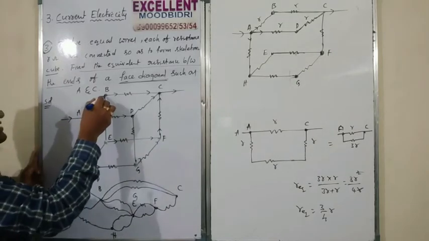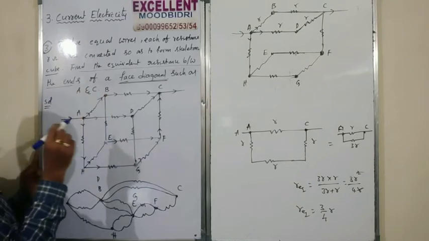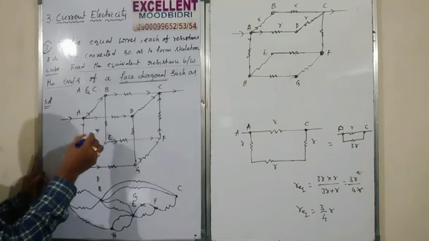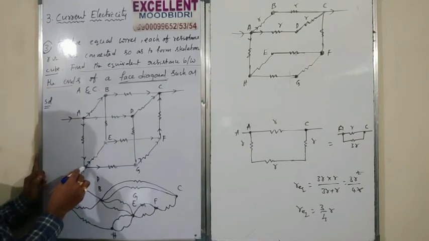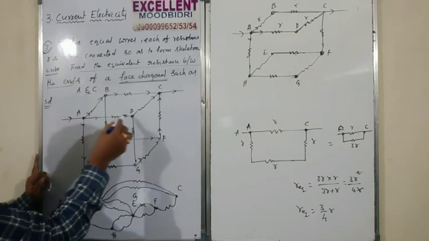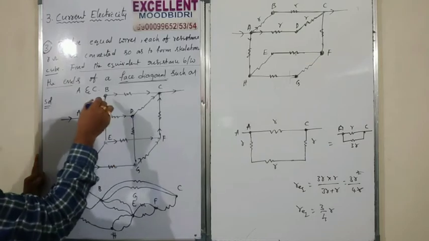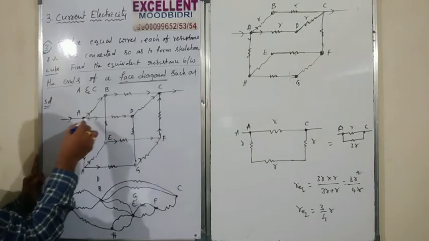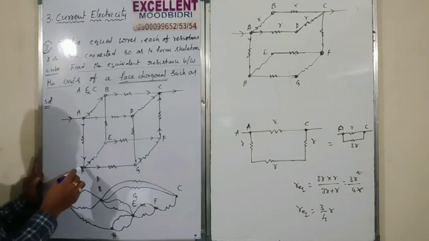So here the current cannot select this path. At the same time, you can observe the potential here: A to B, A to H, and H to E. At point D and at point B there is the same potential, and H also has the same potential.